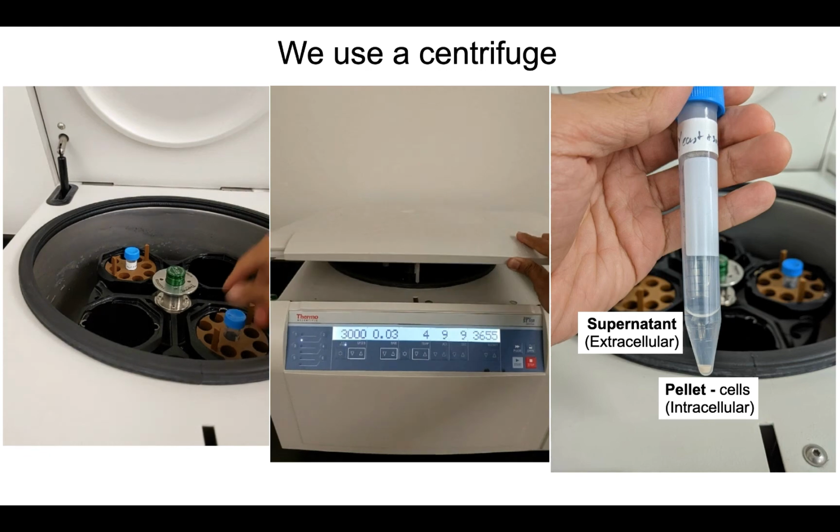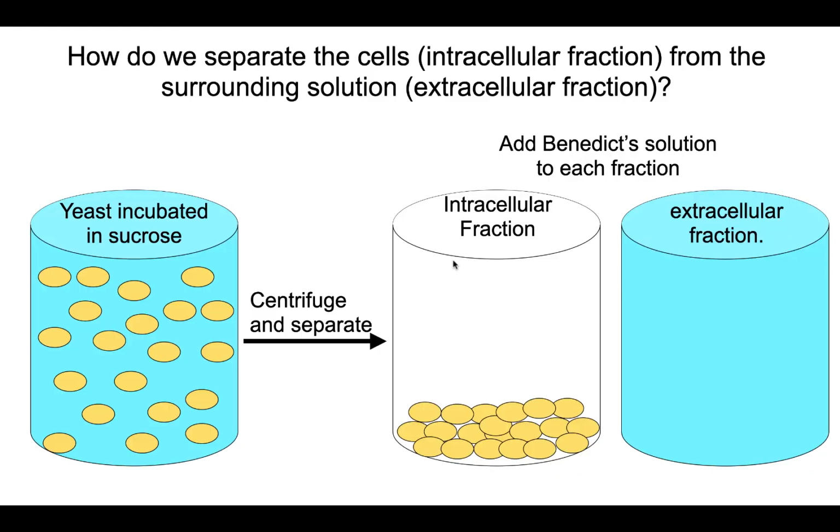And so what that will allow us to do is then add Benedict's solution to the cells only, add Benedict's solution to the extracellular fraction, so basically add it to the pellet, add Benedict's to the supernatant, and boil it, okay, heat it up, and see which one of the two fractions, the intracellular fraction, the pellet, or the extracellular fraction, the supernatant, gives a positive Benedict's test.